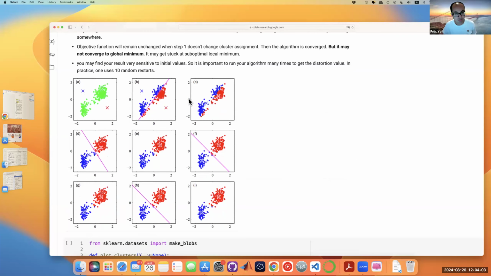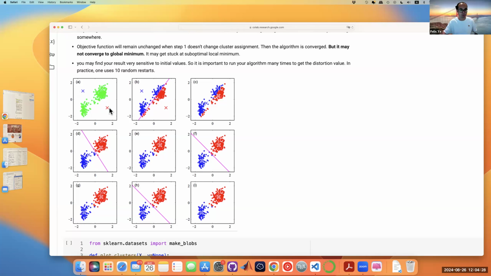So let me just illustrate with this graph right here. Say this is my data set. Obviously we have 2 clusters, but let's say we initialize with these 2 initial conditions. One of them, mu1, will be here, corresponding to cluster blue.